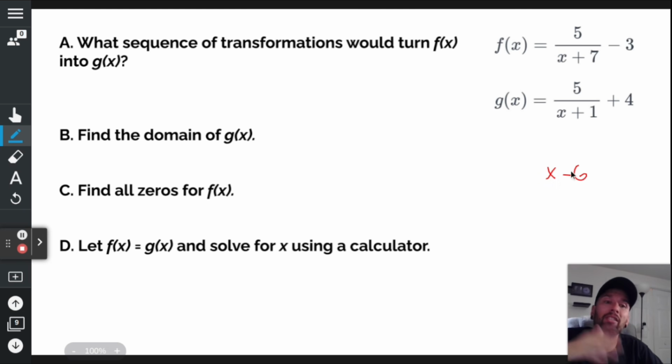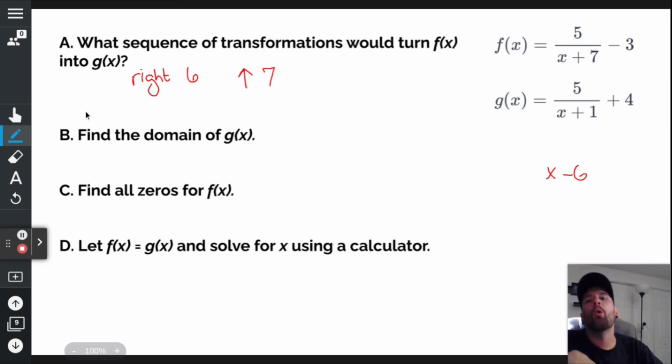Now, when minus 6 is next to x, that means I move right, a horizontal phase shift of 6. I also go from -3 over here, remember, when the number's off to the side and has nothing to do with x, I'm going from -3 to 4, so that means I'm going up 7. So a vertical phase shift of 7, okay?